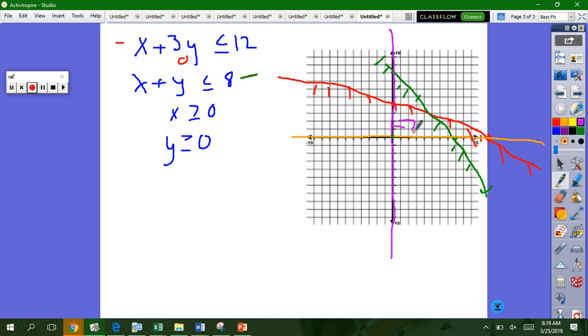This side, right? Who's greater than y? Up. So where do they all share? So get my highlighter here. This region right here is everything they share. That would be the answer.